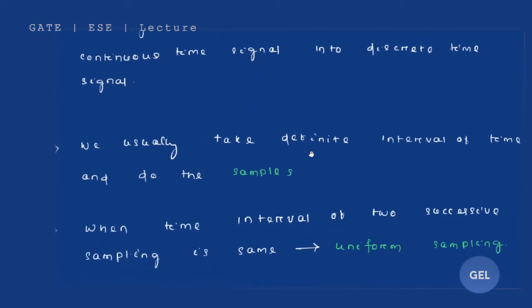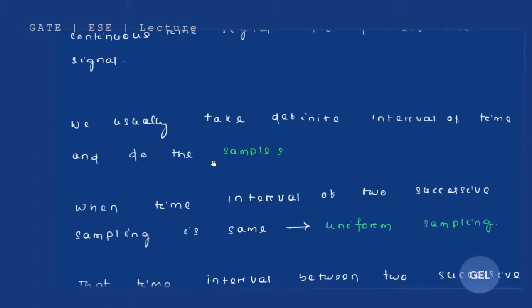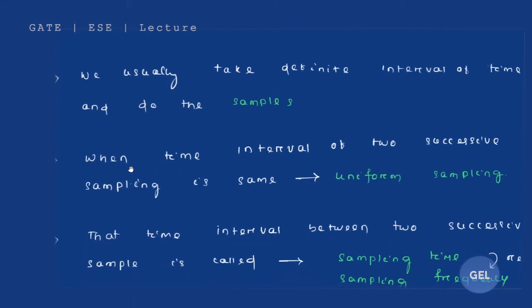Now we usually take a definite interval of time and take the samples, and when the time interval of two successive samples is the same, that is called uniform sampling. If the time interval between all of these samples is the same, then that is regarded as uniform sampling.